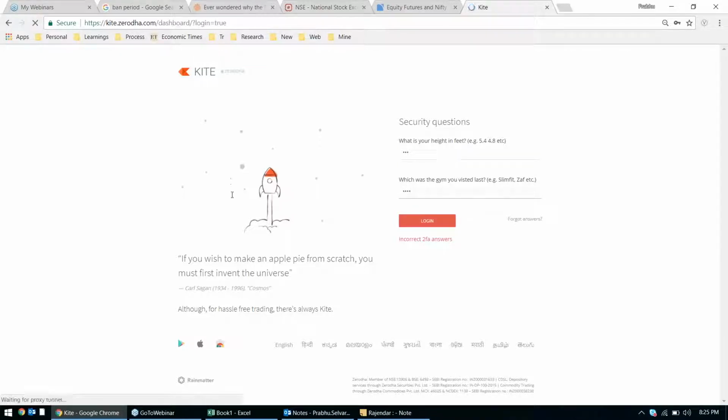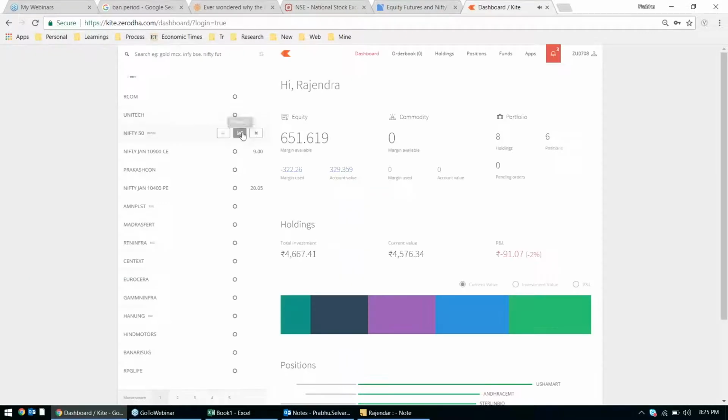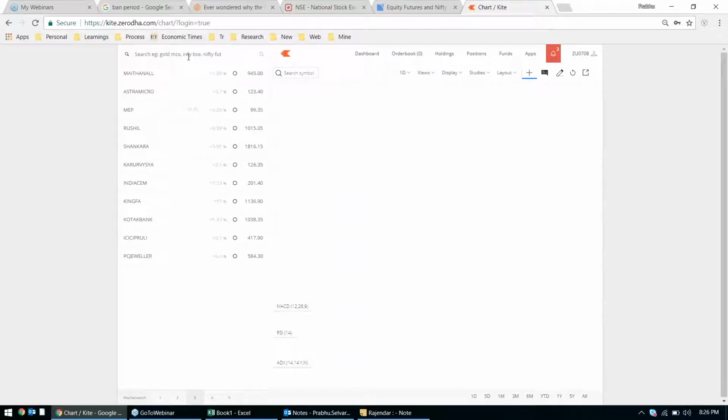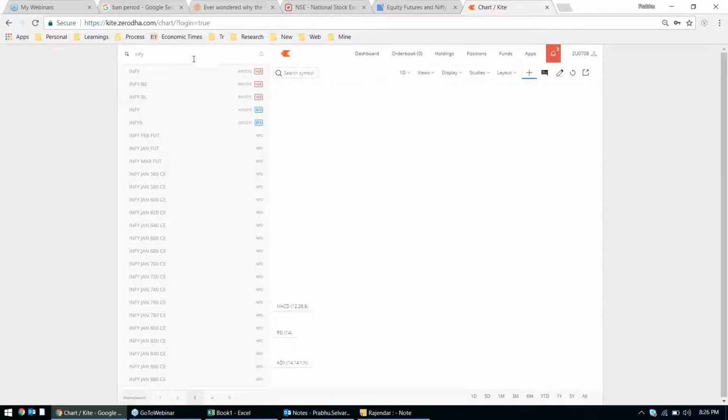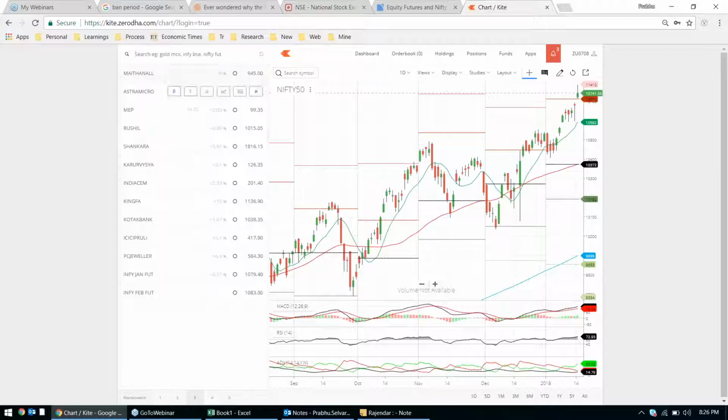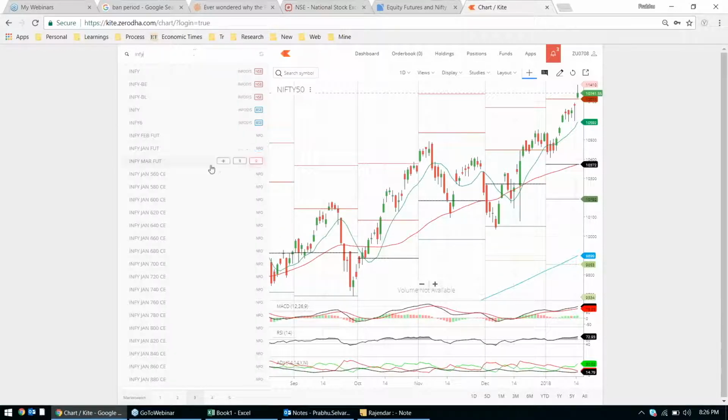Okay, I was explaining how can we carry forward. So let us go to a new window. I'll take Infosys Jan future, Infosys Feb future, Infosys March future.